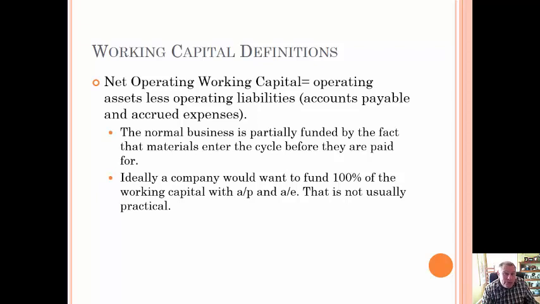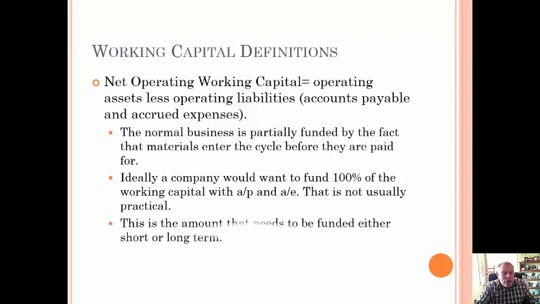So ideally, if you could turn the inventory and the accounts receivable within 30 days, which is what your vendors may give you, it's possible. But it's usually not much. You have to distinguish between possible and probable or practical. There is always a long-term amount that needs to be funded. Okay?